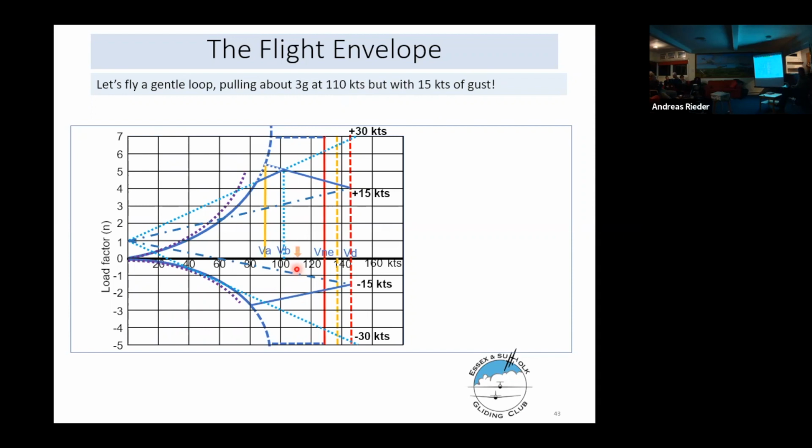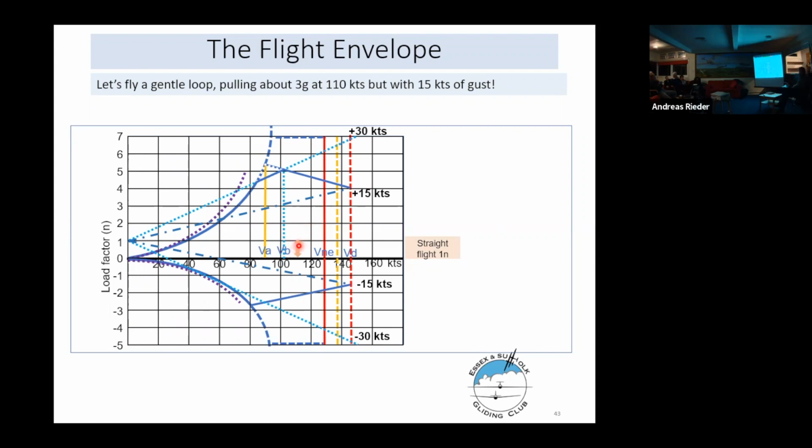So we draw in a load factor of 1. So before we start, we're experiencing 1G. We haven't done anything yet. We're in straight flight. If we hit a 15-knot gust, okay, that's the exception, but we might hit a gust of less than that.